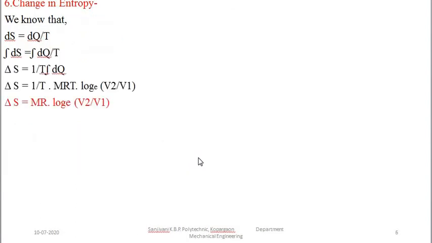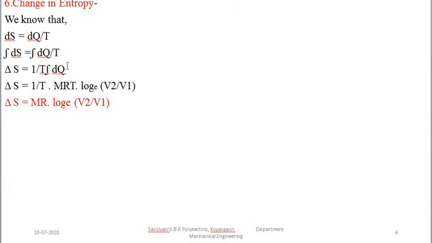Change in entropy: we know that the change in entropy dS is equal to dq by T. So this is the formula to calculate the change in entropy. The total change in entropy is given by integration of this, so integration of dS is equal to integration of dq by T. Delta S stands for total change in entropy.